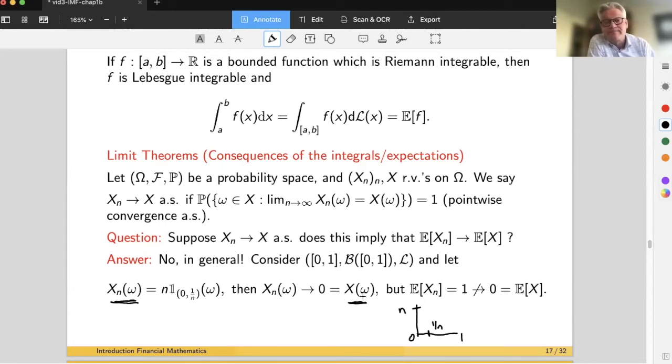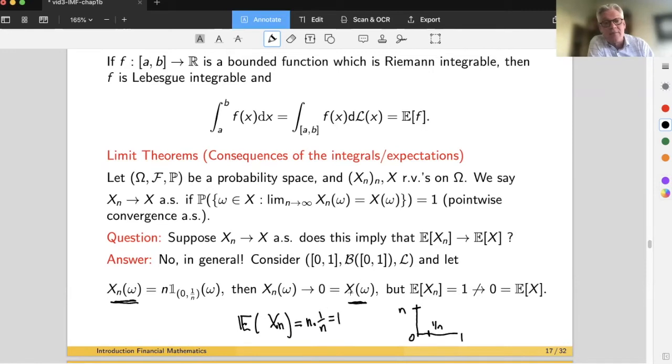However, if we look at the expectation, the expected value of xn is just the probability times the value, right? So it is the value n times 1 over n. So that is equal to 1.